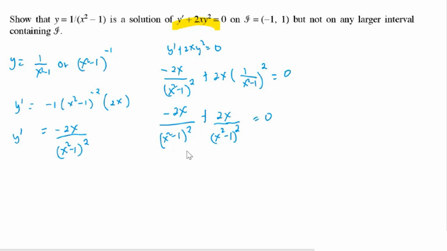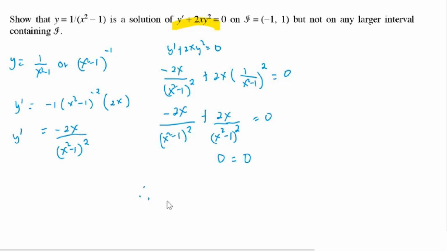So let us check. The first term and the second term are additive inverses, because we have the same denominator, the square of x squared minus 1, and the numerators are negative 2x plus 2x. So therefore the left hand side is equal to the right hand side, which is equal to 0.